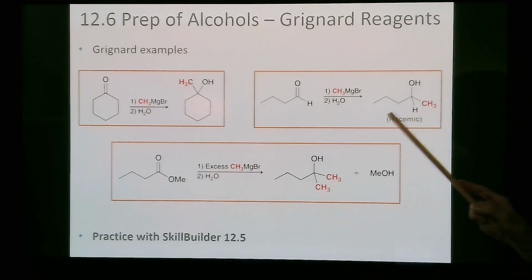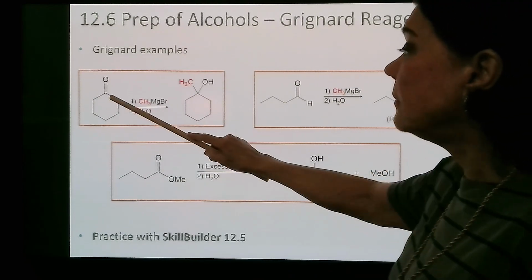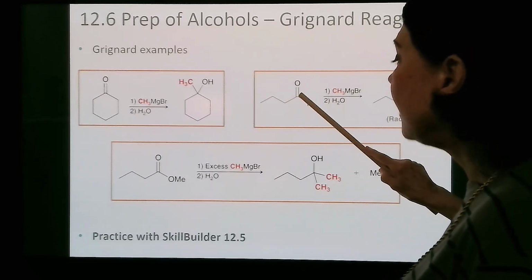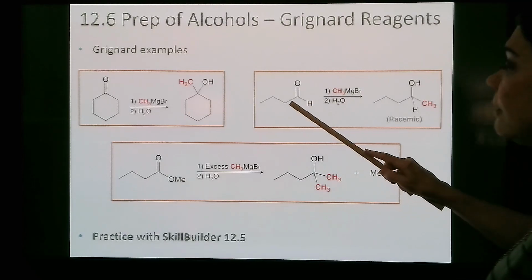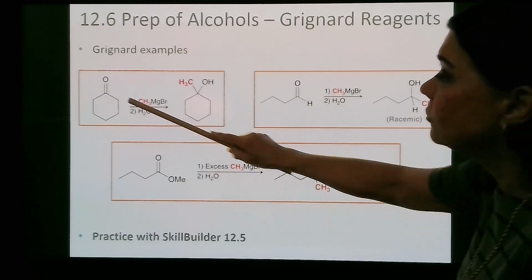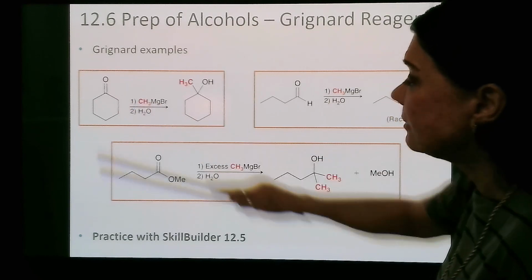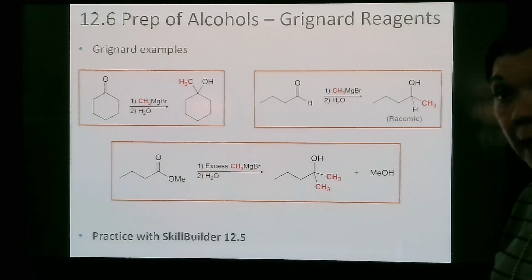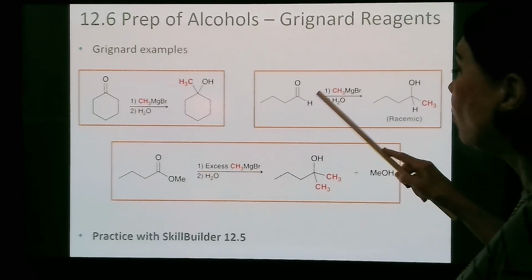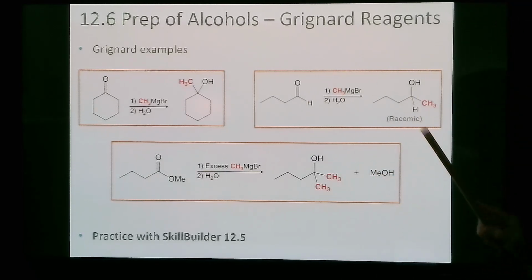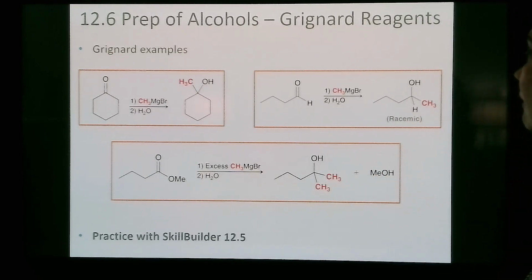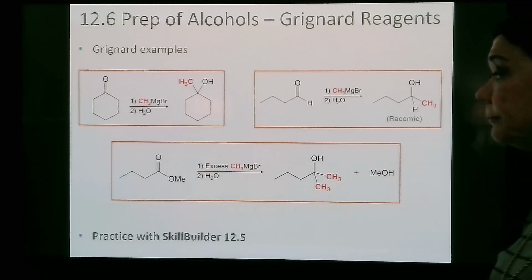Notice this is racemic because this is a ketone, this is an aldehyde. But since that is an sp2 hybridized carbon, these 4 atoms are all going to lie in a plane. And so when the methyl comes in, it can come in from either side of the molecule, and so your product will be racemic if you have generated a new chiral center.